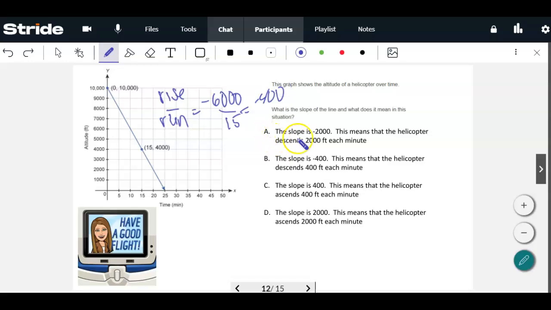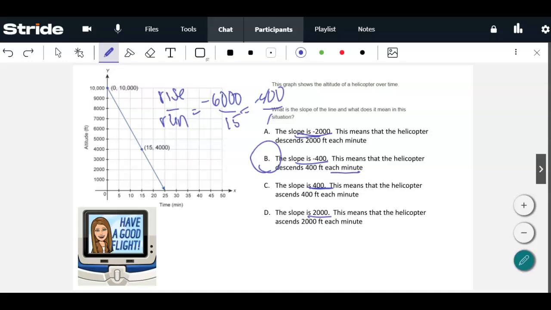So if we got our answers, the slope is negative 400, that's correct. This means that the helicopter descends 400 feet each minute. Yes, because it reduces to negative 400, and if you put that 1 there, that shows you that minute. So it is B. This is positive, that means it would be going up, and that's the wrong one.